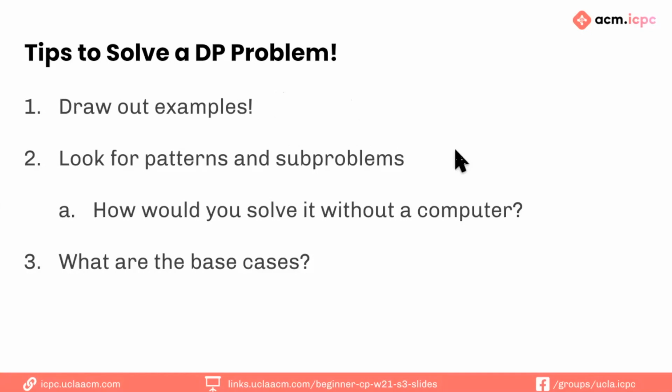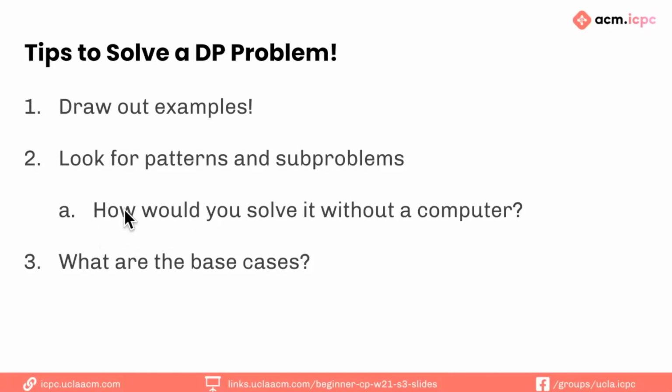Another thing that I put on here is how would you solve it without a computer? This is something that I sometimes think about. I don't know if it's applicable to all problems, but when you see a competitive programming problem, especially a DP problem, sometimes it's obvious how you could brute force it with different for loops, and sometimes it turns out that that might end up being too slow.